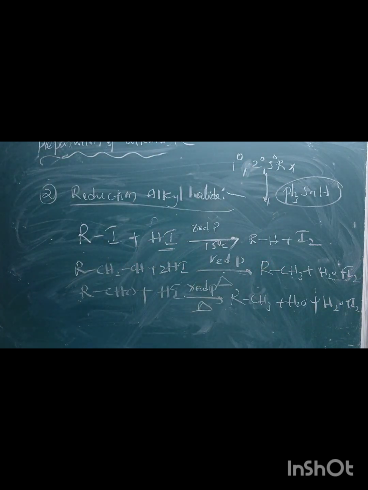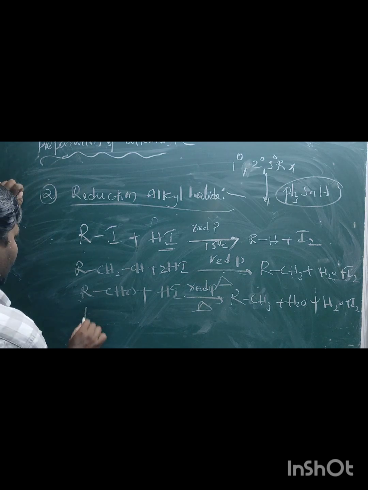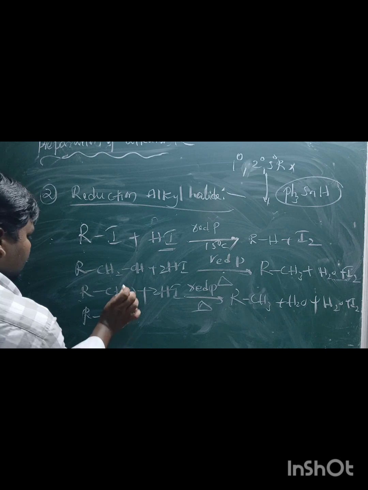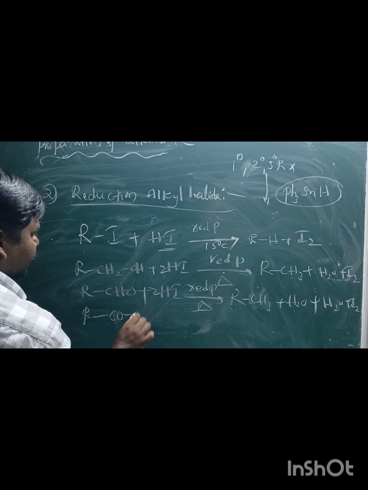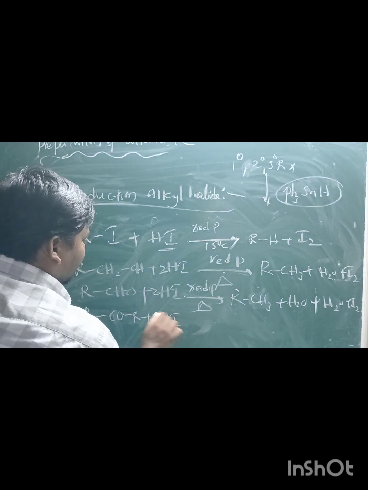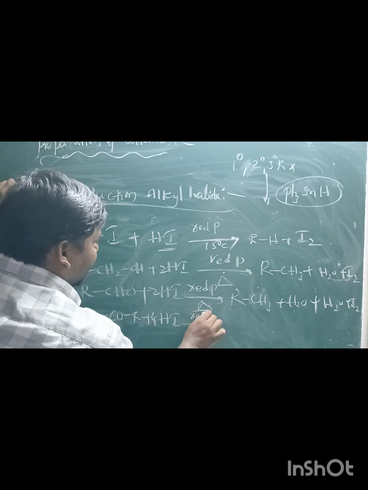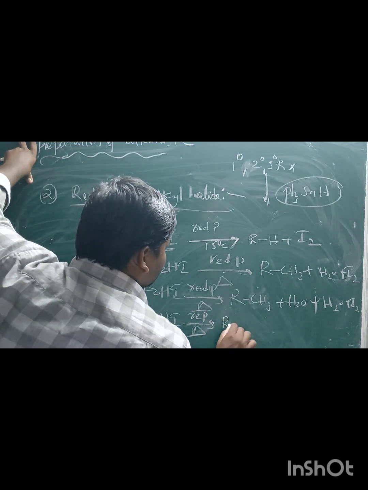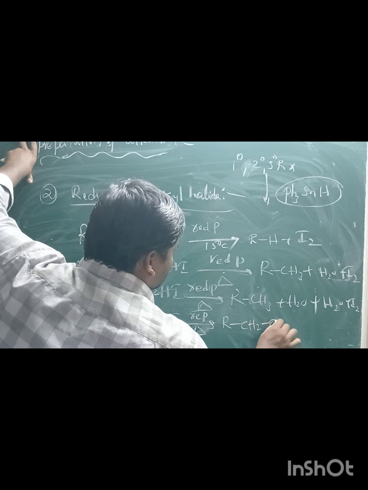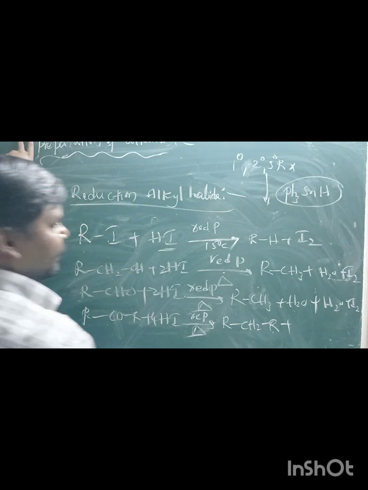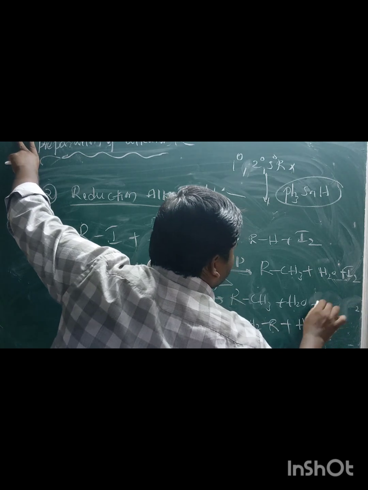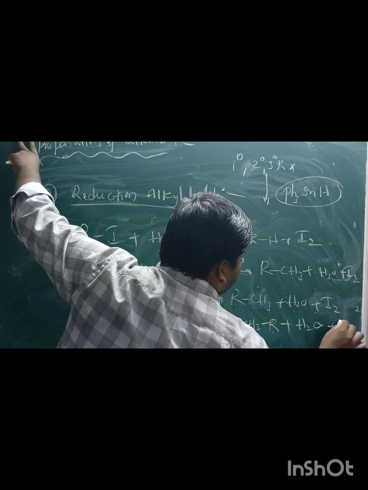In case you take ketones, the keto group COR reacts with HI in the presence of red phosphorus on heating to form alkane plus H2O and also iodine.